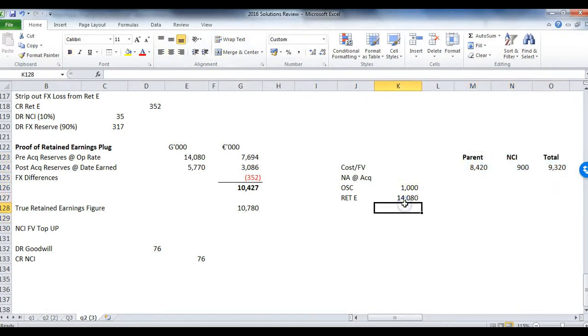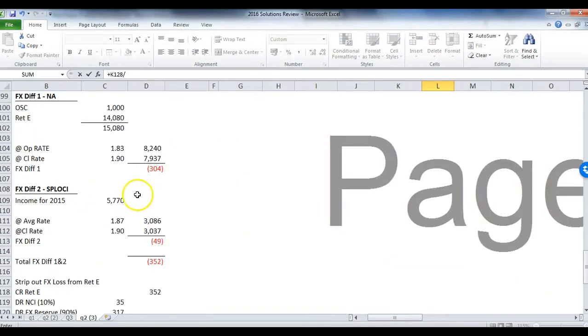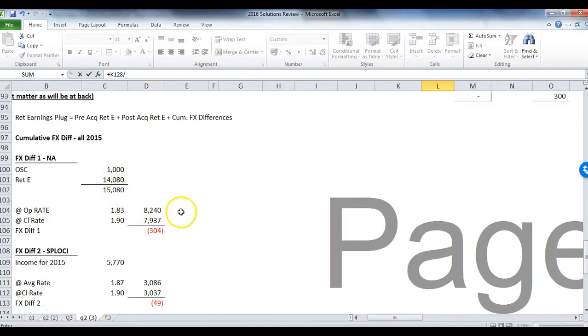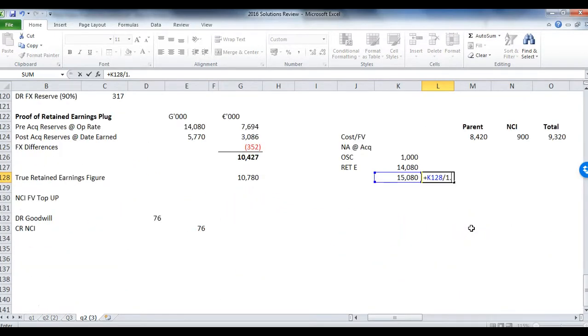That means the total net assets at the date of acquisition was 15,080, and that would have been retranslated at the historic rate, which we've already done before, 1.83. So it's 8240, and you give 90% to the parent, and you give 10% to the NCI as well.